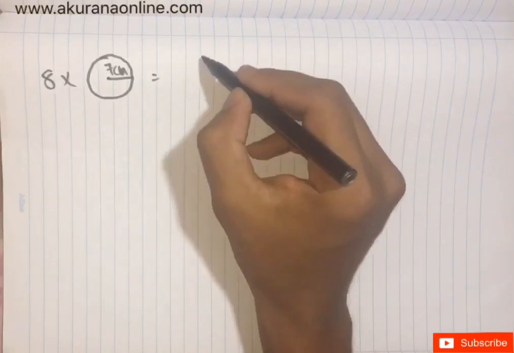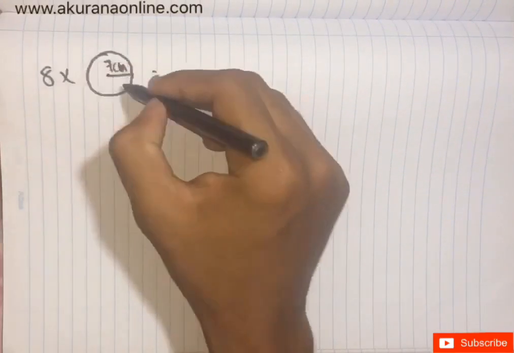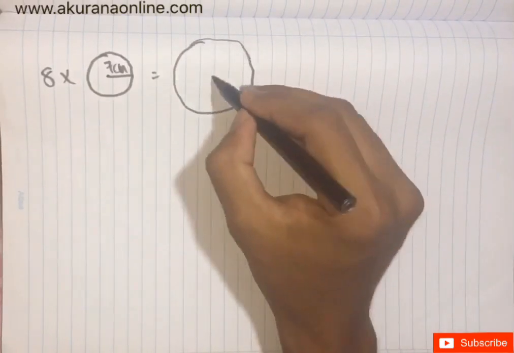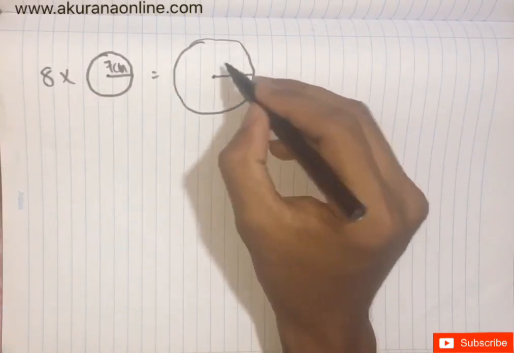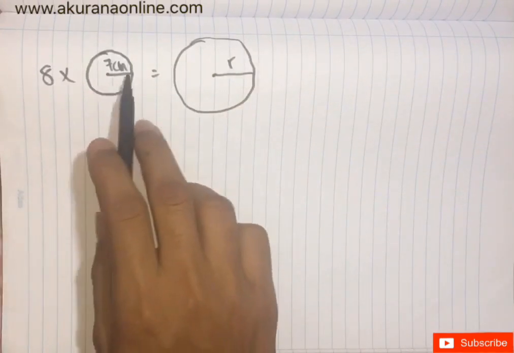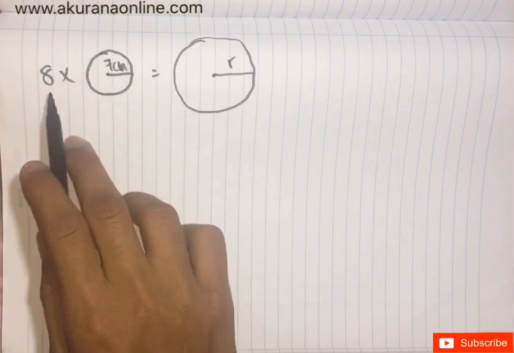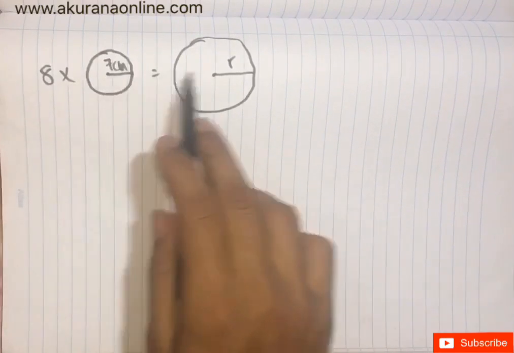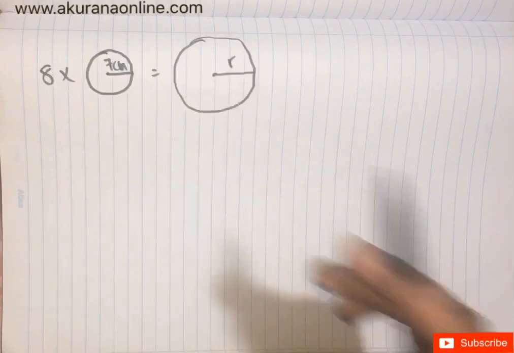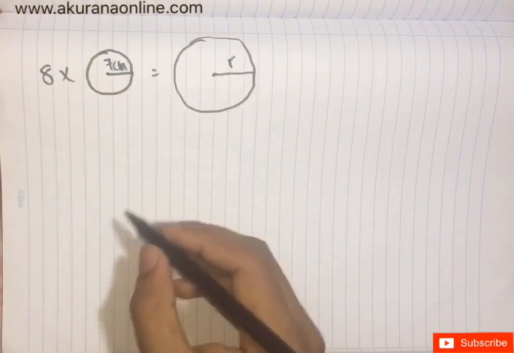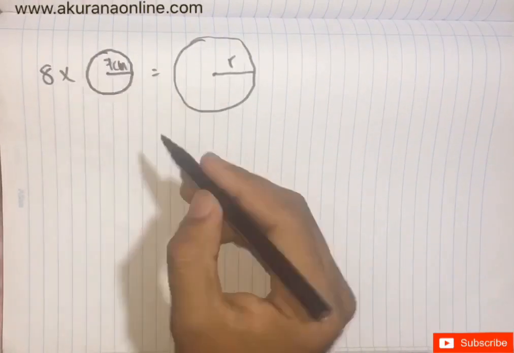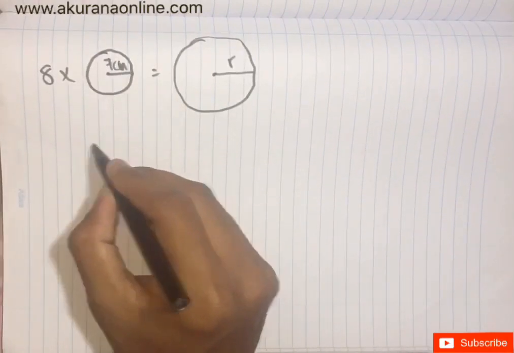You should know the volume of the small ball, multiply it by 8, and equate it to the volume of the larger metal ball, and then you can find the radius. I'll show you.